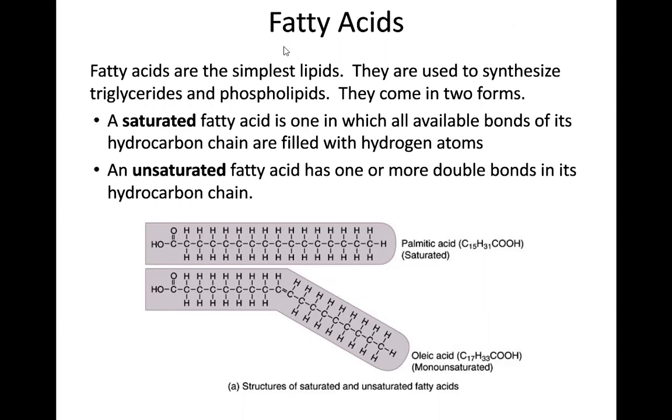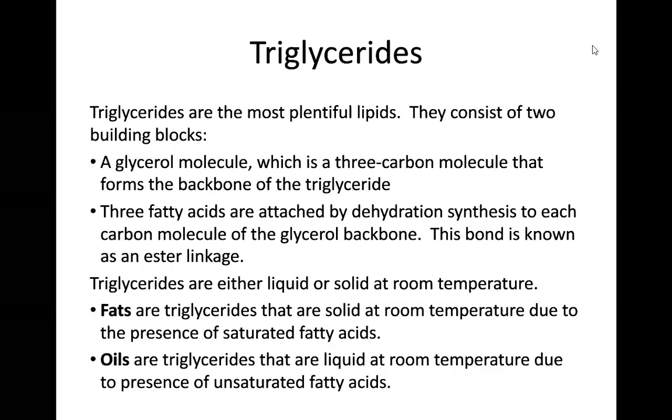One of these 2 is really well known for being a lot worse for us. Anyone know which one it is? Saturated. Okay. So we try to avoid getting lots and lots of saturated fats in our diet. At least we should be.